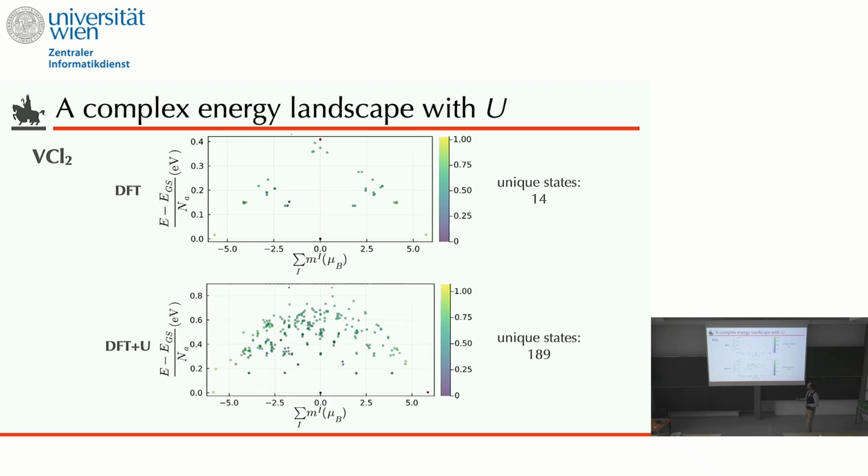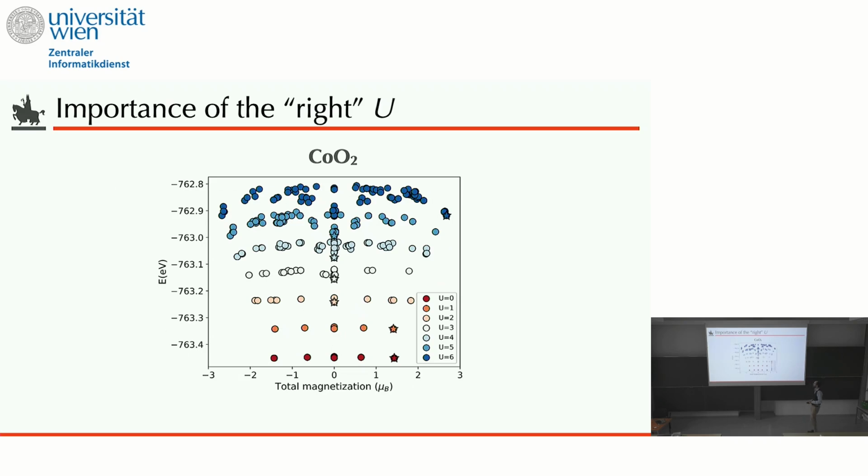But if you take the same material and do it at the DFT plus U level, you get 189. So when you do DFT plus U calculations, the energy landscape becomes a mess. In this case, our simple workflow is not sufficient, so we really need to probe the full density matrix to get to the true ground state of the system.